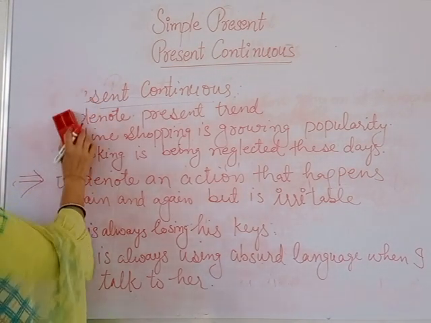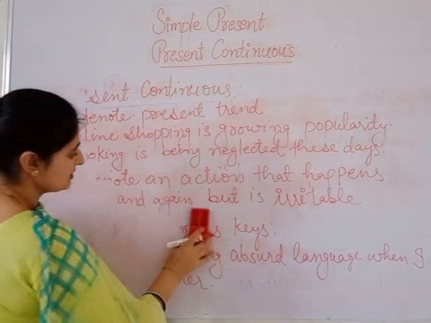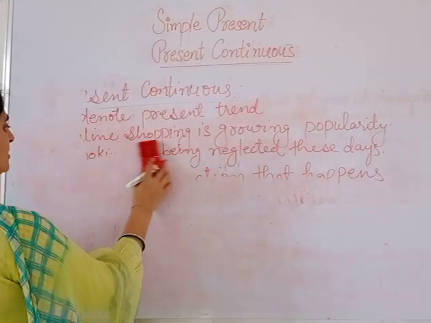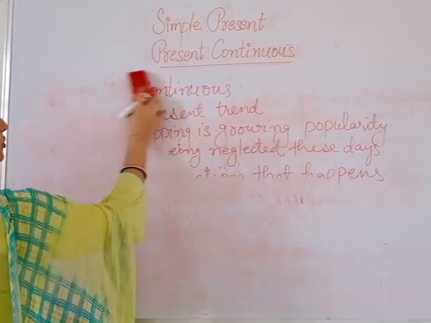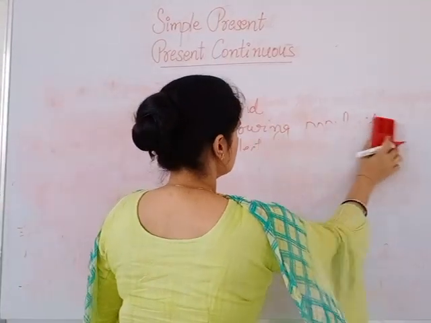So at last, I just want to make you clear what is the difference between simple present and present continuous. Mean to say where we have to use present simple and where we have to use present continuous tense.